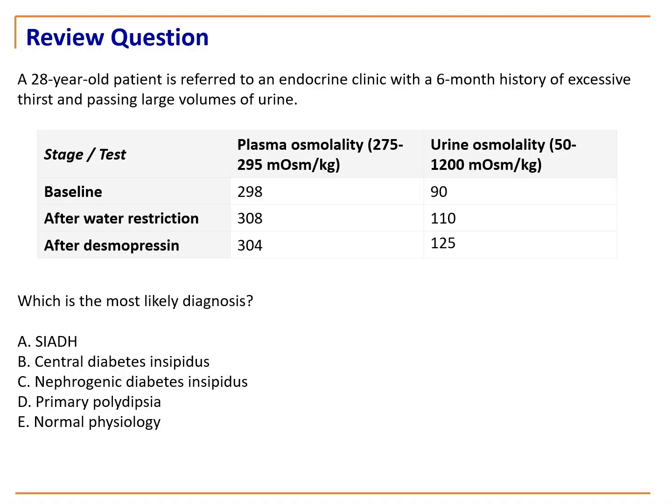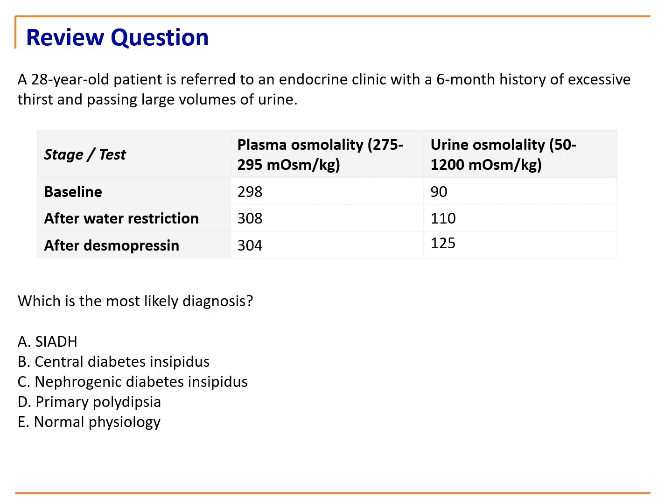Then we deprive them of water. And what we see now is the expected rise in plasma osmolarity, but the urine remains inappropriately dilute. It's still very, very dilute. So this is confirming an inability to conserve water. So that's telling us that it is diabetes insipidus.